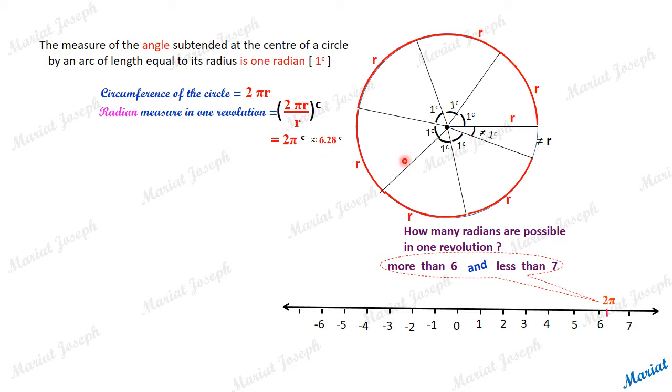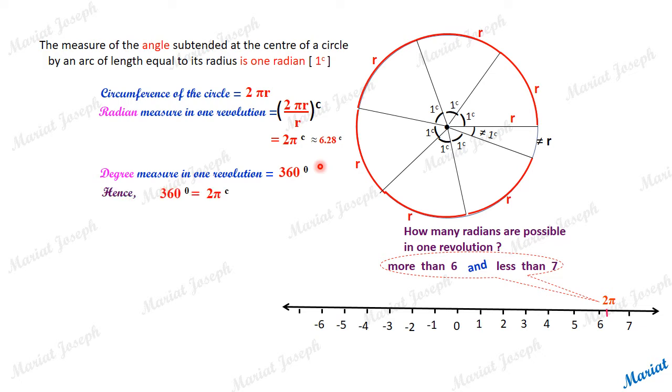Now let's recollect. The total angle from here to here in one full revolution, if we had done it in degree measure, that would have been 360 degrees. That we are very much familiar with. So this one full rotation, 360 degrees and 2 pi radians, they both must be the same.